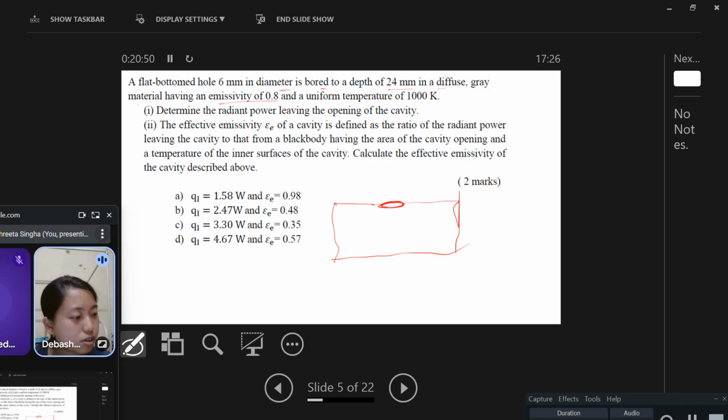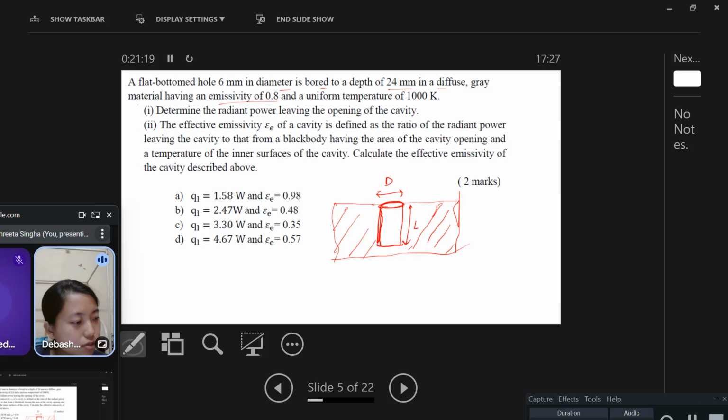Suppose this is 6 millimeter diameter, bored to a depth of 24 millimeter, suppose it is L, in a diffuse gray material having an emissivity of 0.8 and a uniform temperature of 1000 Kelvin.